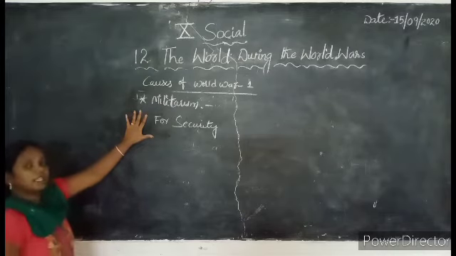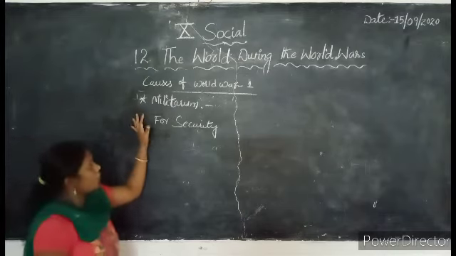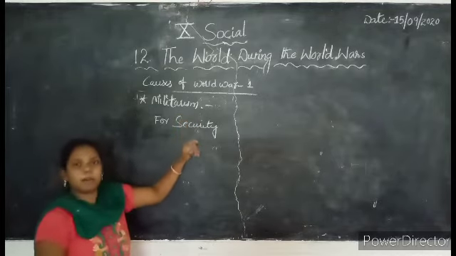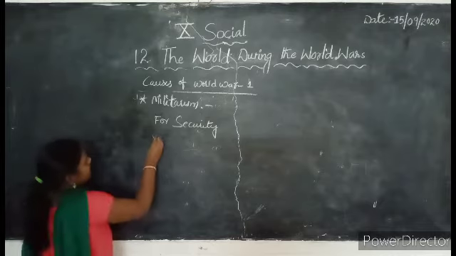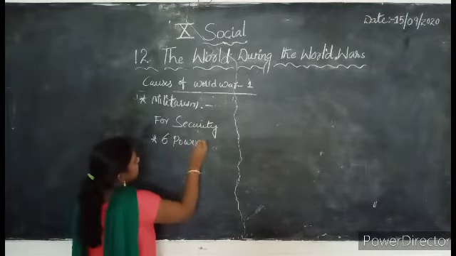So six powerful nations started spending a large amount of money on increasing their military power. How many countries? Nearly six powerful countries.